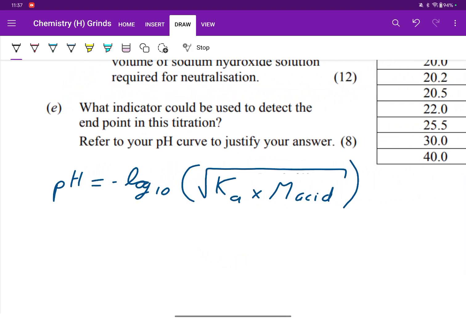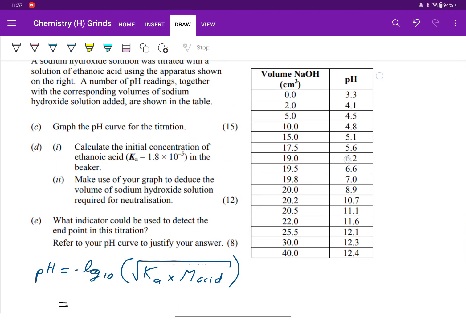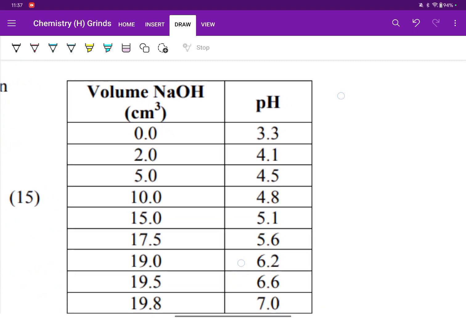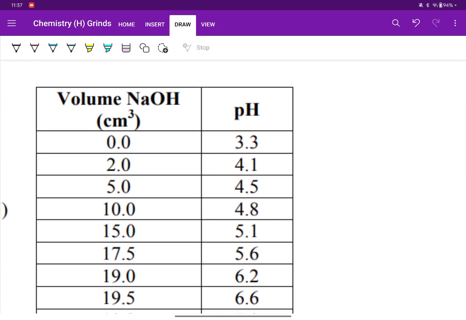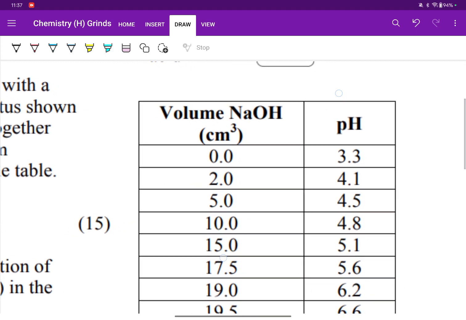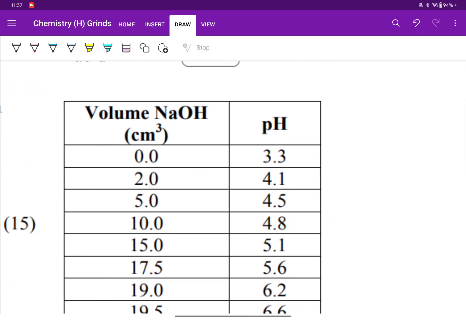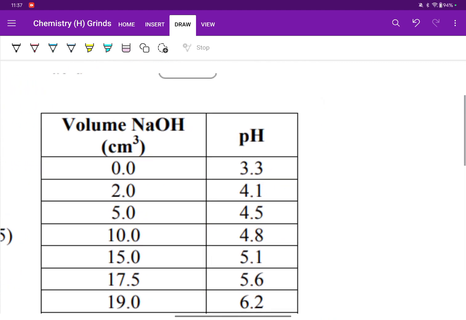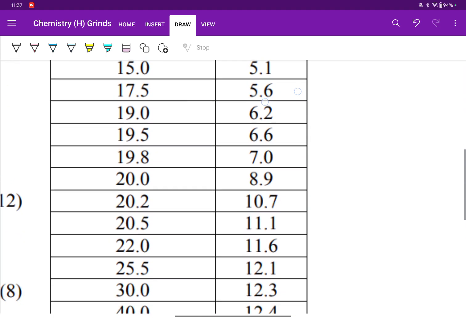So here's what we're going to do. So the pH, do we have the pH? We actually do. You mightn't think it just from looking at the table, but these pH values are actually of the ethanoic acid, not the sodium hydroxide, because it's the pH of the solution. So initially there's no base, so the pH is quite low, as you'd expect, and as the base is added, the pH increases.